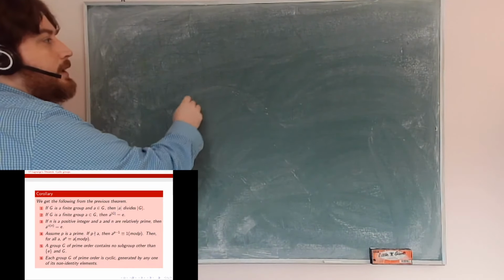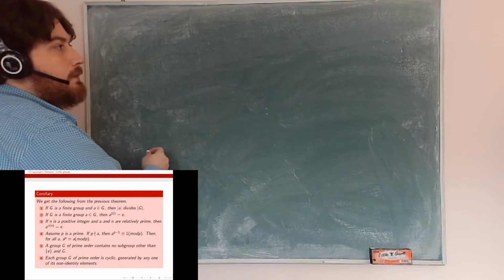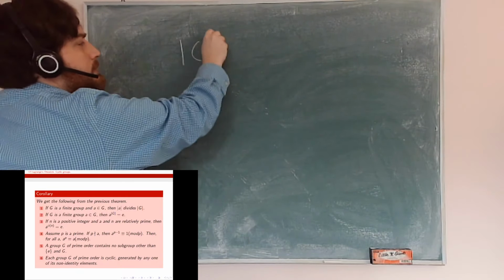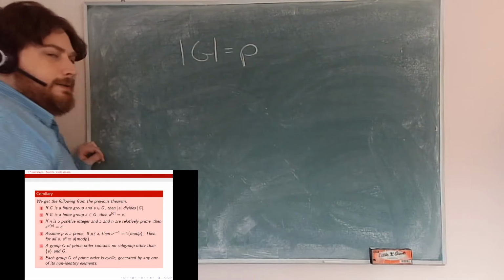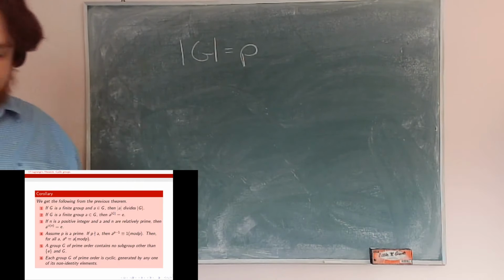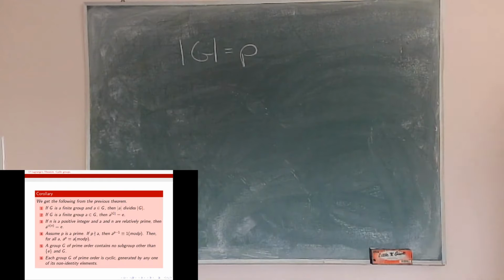So now let's say I have a group of cardinality P, where P is a prime. Then, oh, actually, I'm sorry.